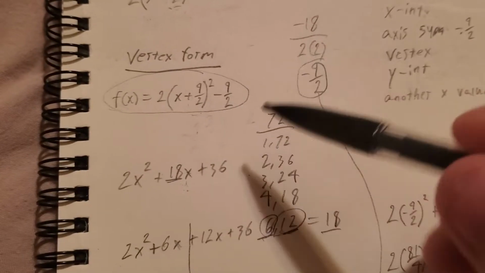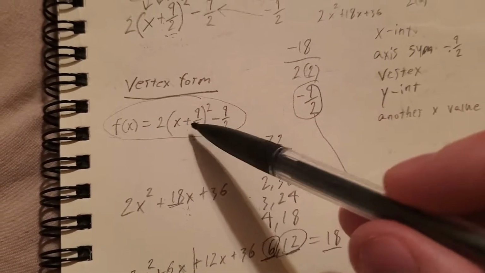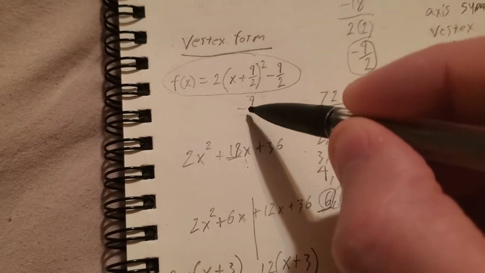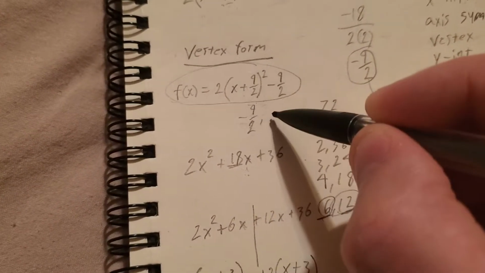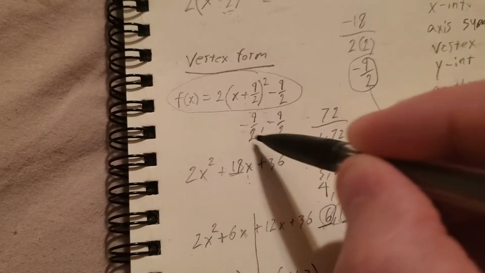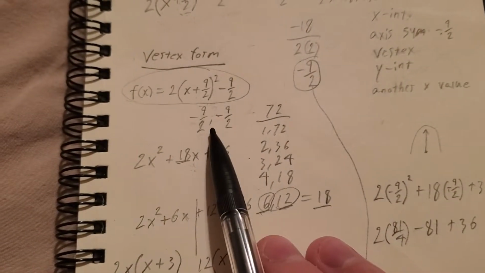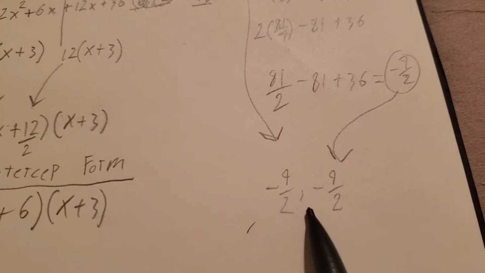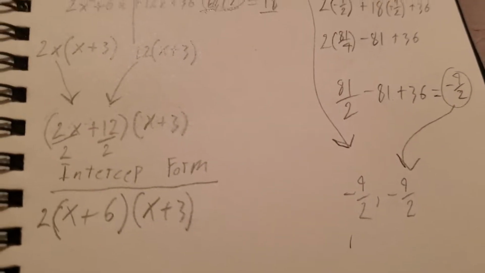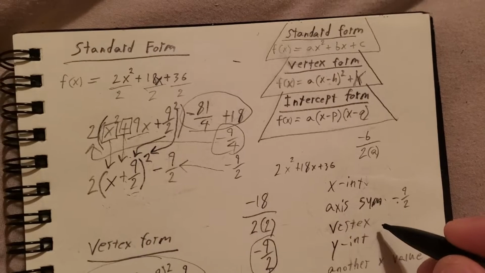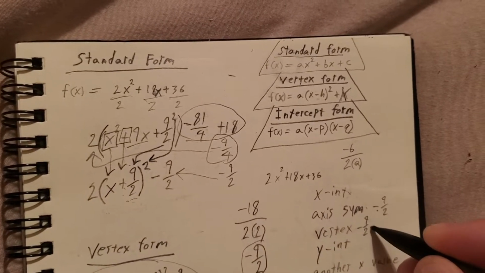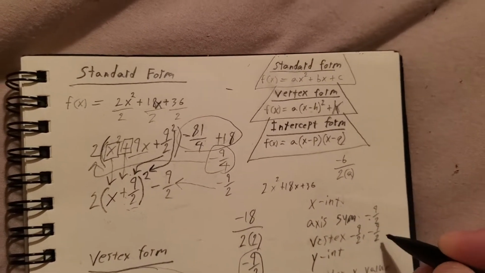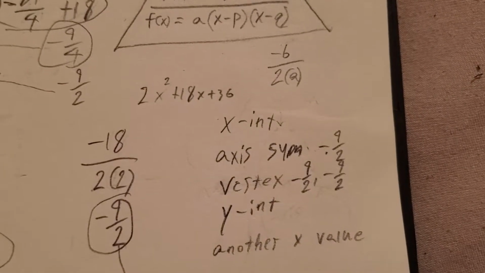Remember I was telling you, switch the sign in the middle of the parentheses, so this would technically turn into negative 9 over 2, right? And then we have a negative 9 over 2 here, right? So, really, we found the vertex in standard form as negative 9 over 2, and negative 9 over 2 down here. Okay.